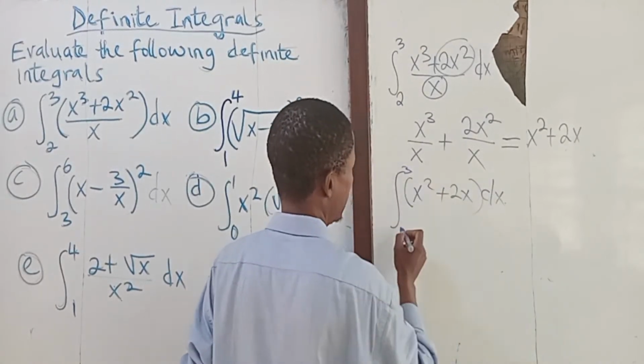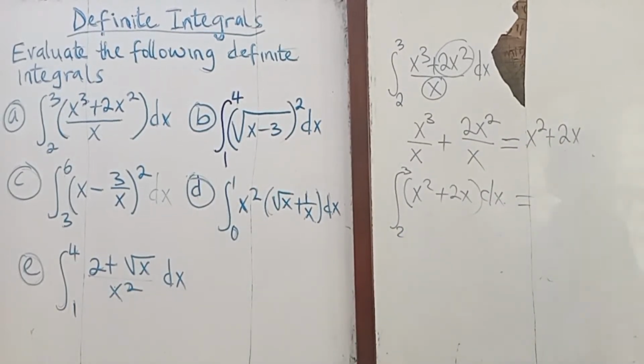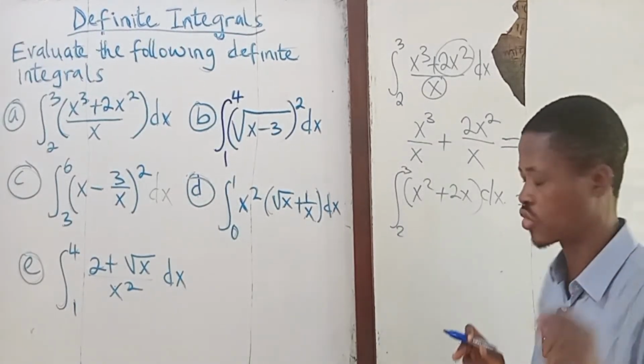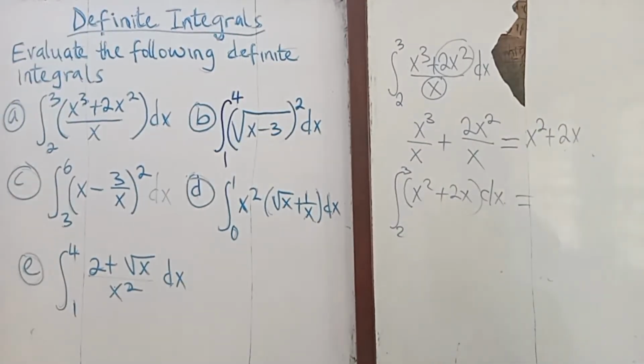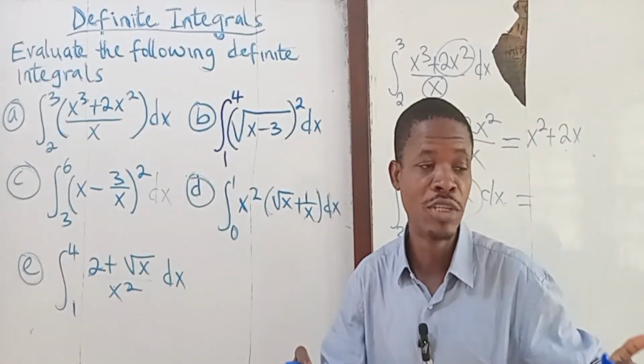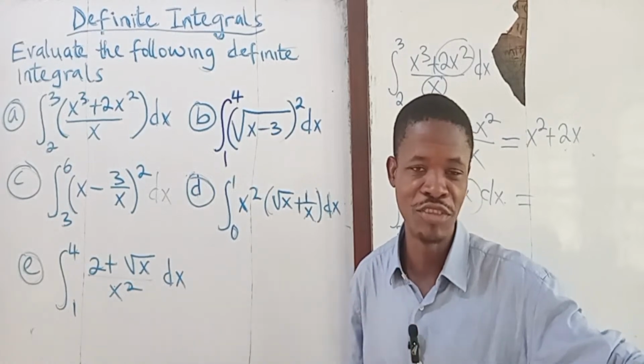Okay, upper, lower. And don't forget the general approach for integration. We've done that before, and if you are a novice in integration, I will urge you to check the channel for integration. There are a lot of videos on integration.